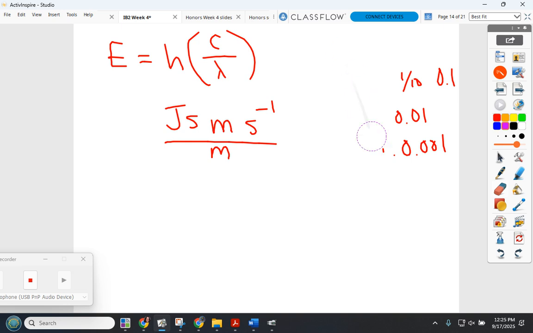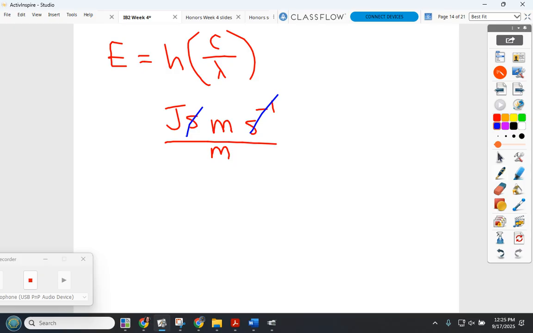Let's see, I'm just going to get rid of this part. So as far as this equation goes, I can immediately get rid of the seconds and the seconds to the -1 because those are on the same side of the line, and they cancel each other out.